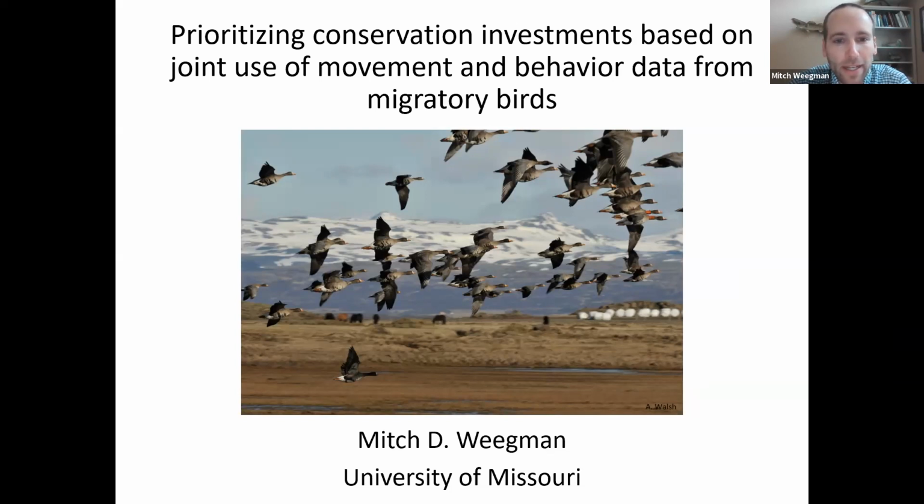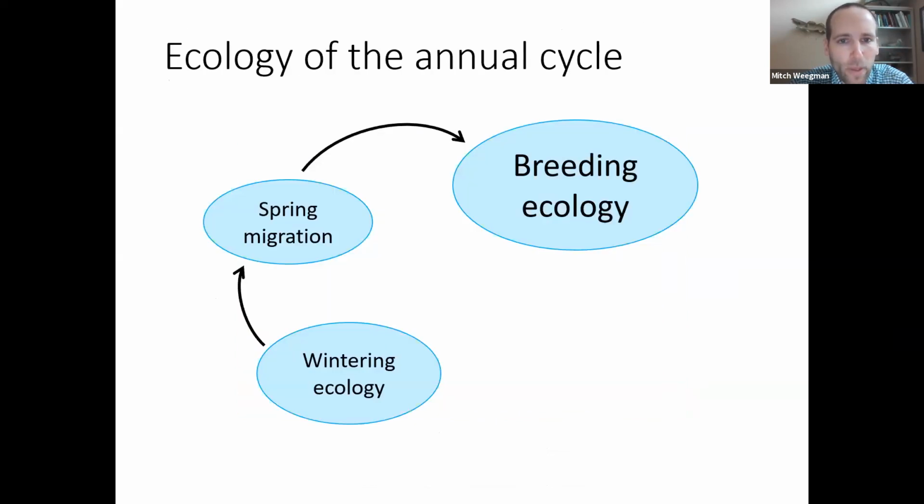I'm really excited to talk about some of the work we've been doing with GPS and acceleration data on larger migratory birds, but in the waterfowl vein that Wayne was just referencing. We often hear about the full annual cycle as this really important sequence of seasons to study bird migration.